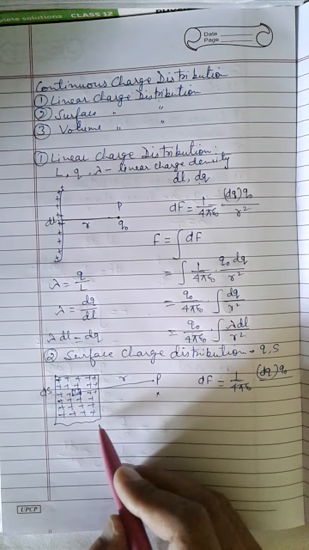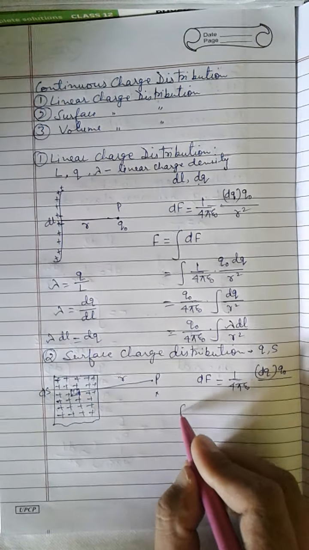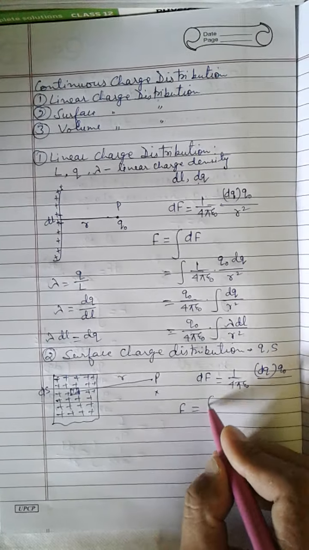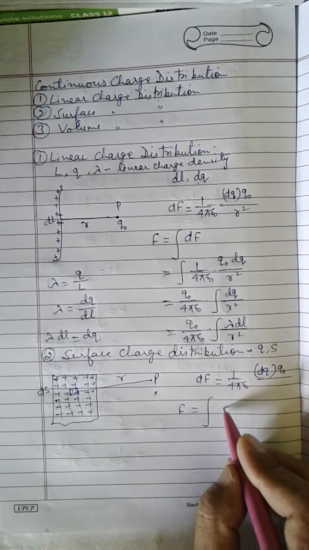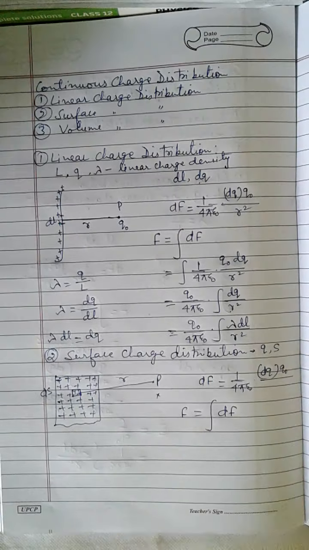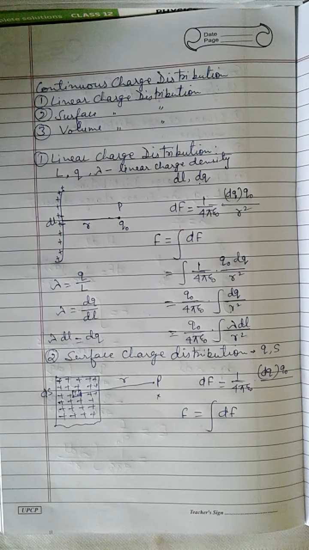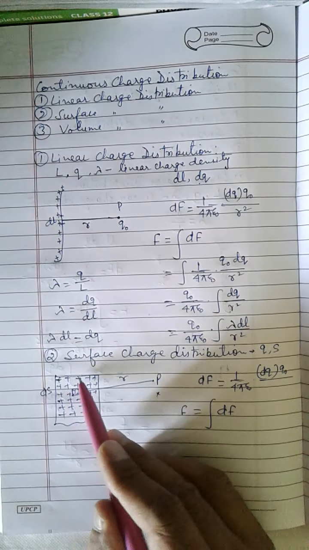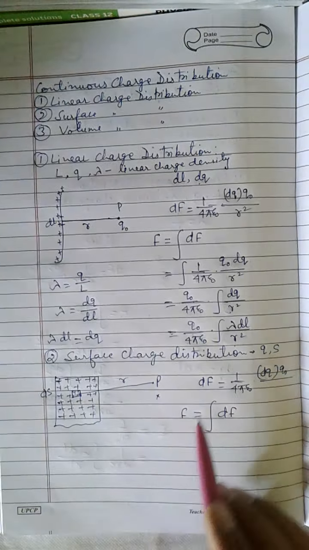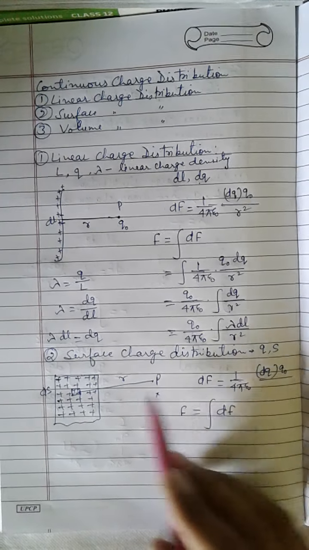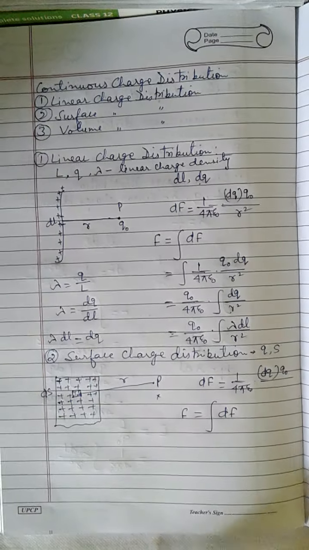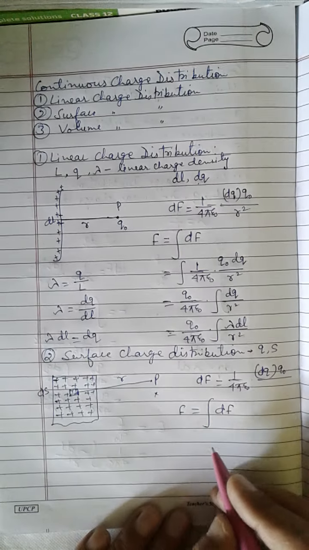Now we can find the total force, and that total force again will be the integral of dF, because we can take so many elements here and add all those forces due to different elements.